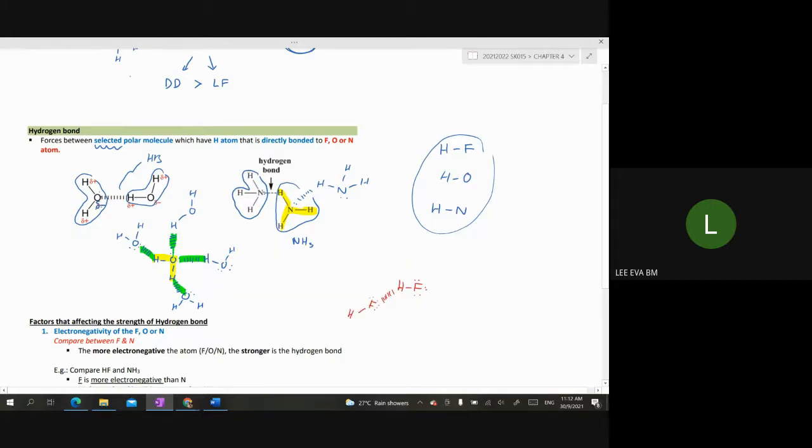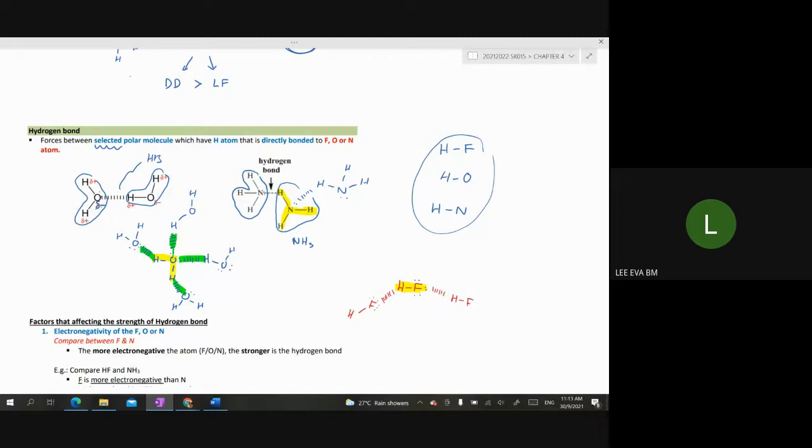Either one of the lone pairs will make the hydrogen bond with the hydrogen of another HF molecule. So in this case, HF can only make two hydrogen bonds. Regardless that you have three lone pairs, we only use one of the lone pairs because there is only one hydrogen atom. So in order to look at the hydrogen bond, you have to see the ratio of hydrogen bond with the lone pair.